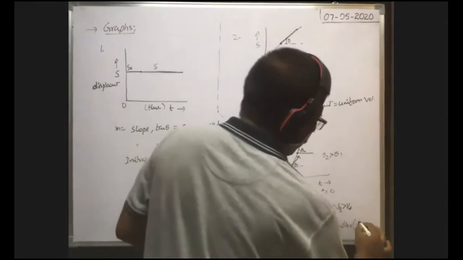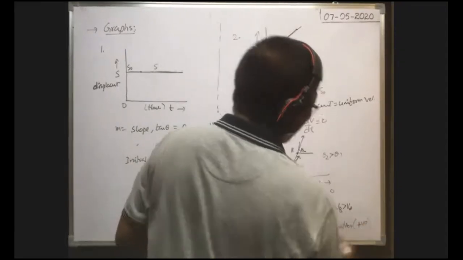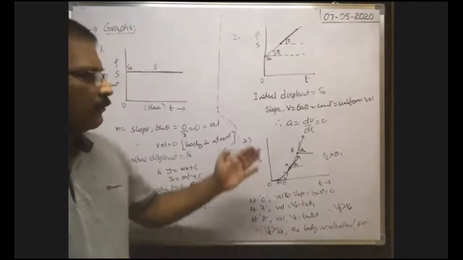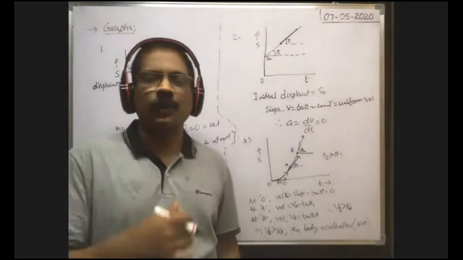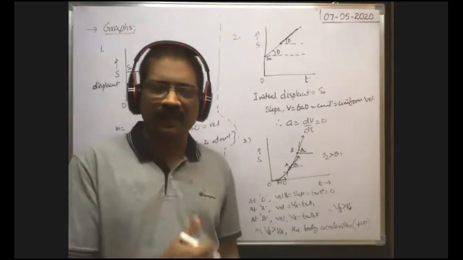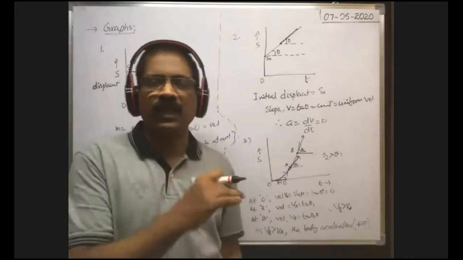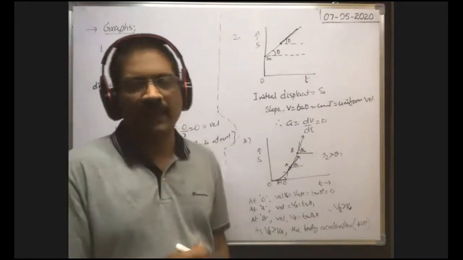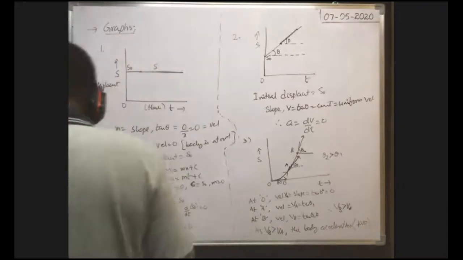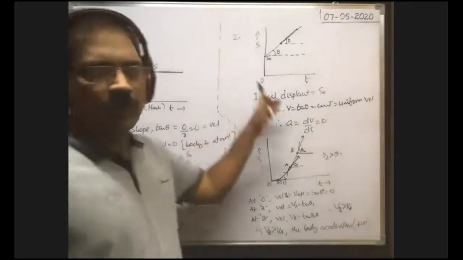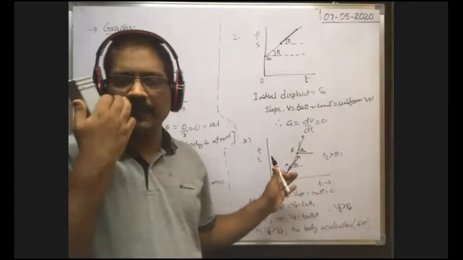That means positive acceleration. So in this way, from the diagram, we can say whether the body is accelerating, or at rest, or moving with constant velocity, etc. We can find that.